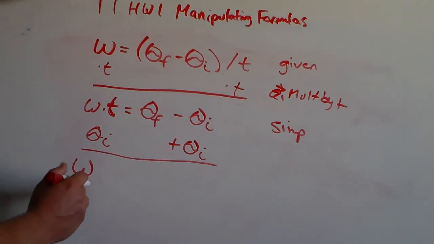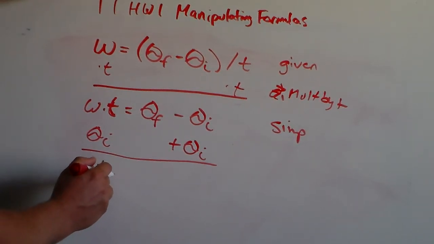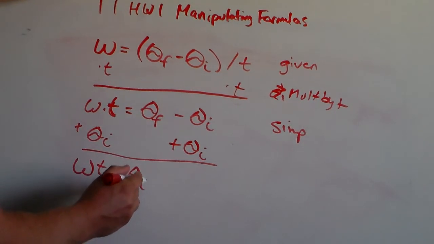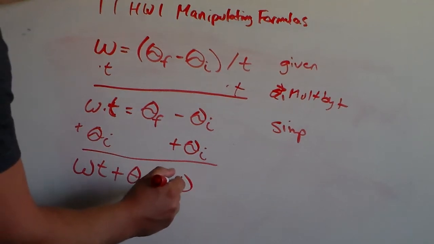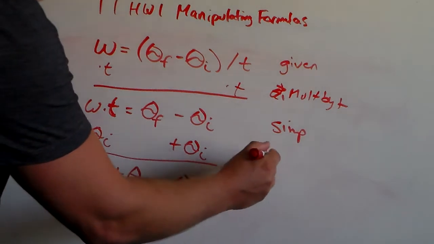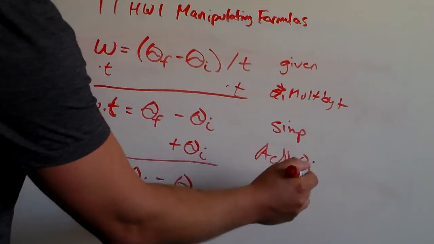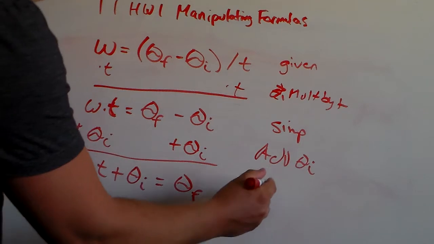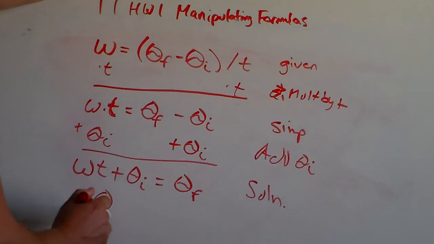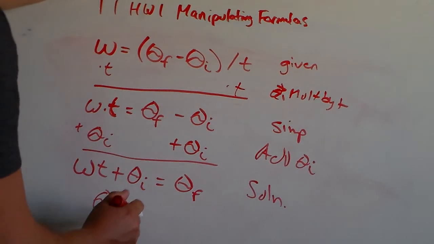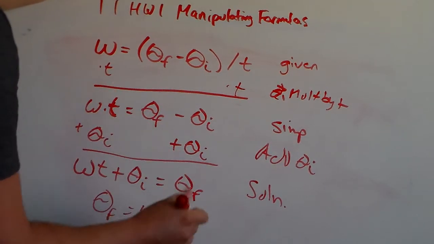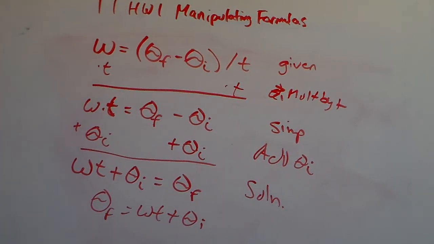They're not like terms, so we got to say wt plus theta I equals theta F. Added theta I to both sides. And we got ourselves our solution. Theta F is all by itself. I'll rewrite it here. Theta F equals wt plus theta I. And that's our solution.